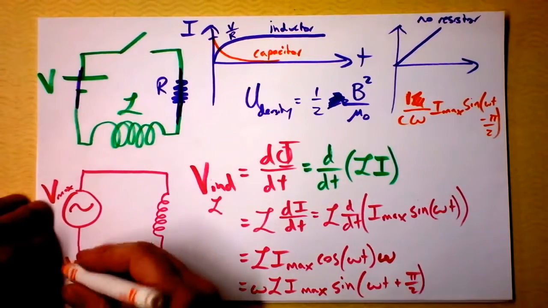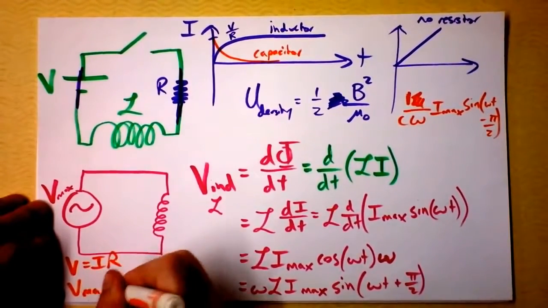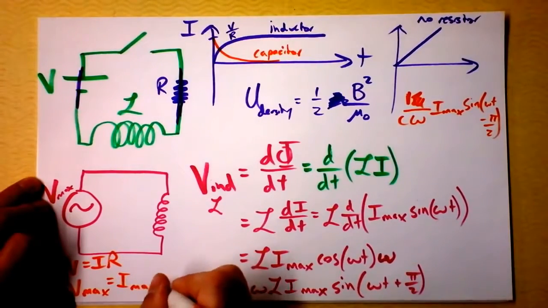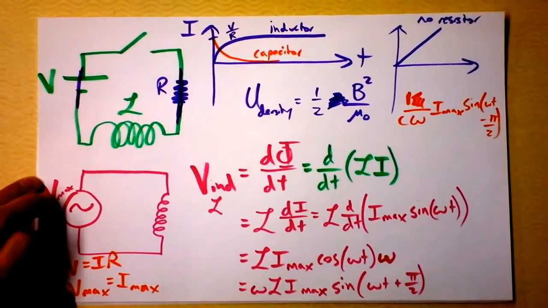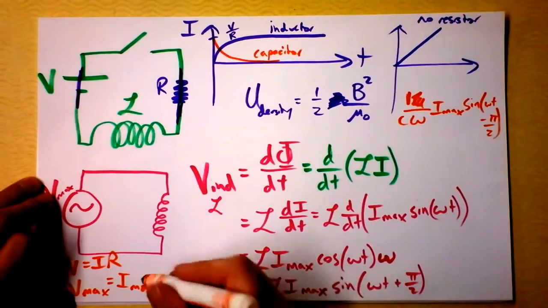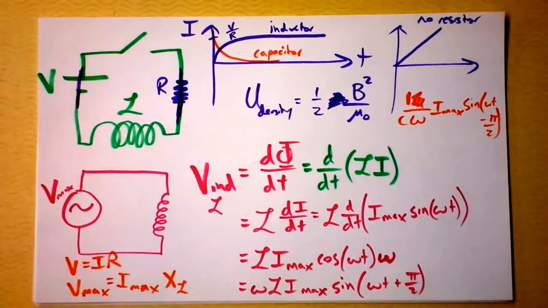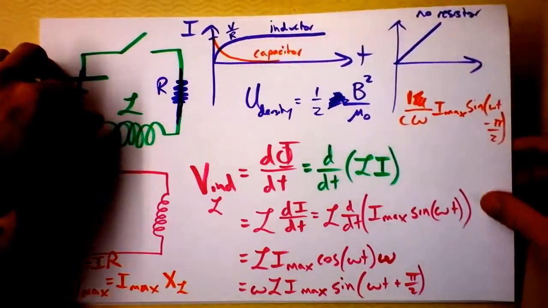I'm going to define that it's I max times the capacitive reactance. Just kidding, the inductive reactance, X sub L. Of course, we're going to follow all the same procedures as we did for the previous discussion.